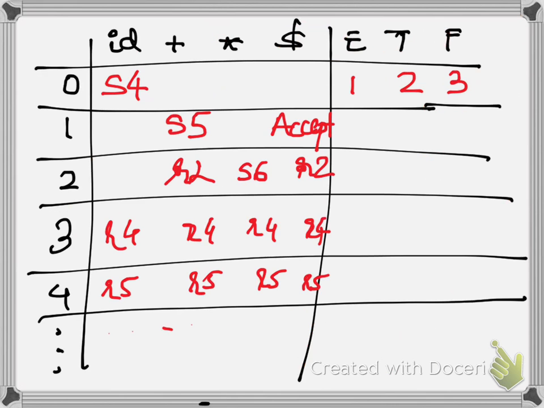In the same manner, now you can construct the rest of the table. The go-to part remains exactly the same. There is no change in the go-to part. So this is about SLR parsing.